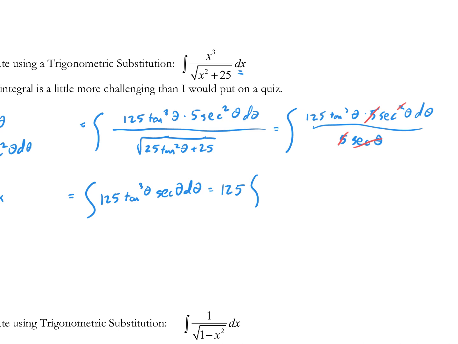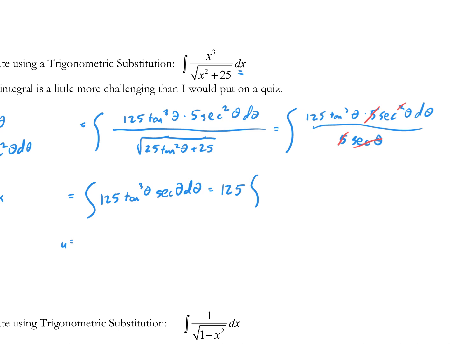And if I set u equal to the secant of theta, du is secant theta tan theta d theta, and we can pull a tangent off of that cubed exponent and save the secant theta tan theta to be du. So let me write out what I'm saying there.